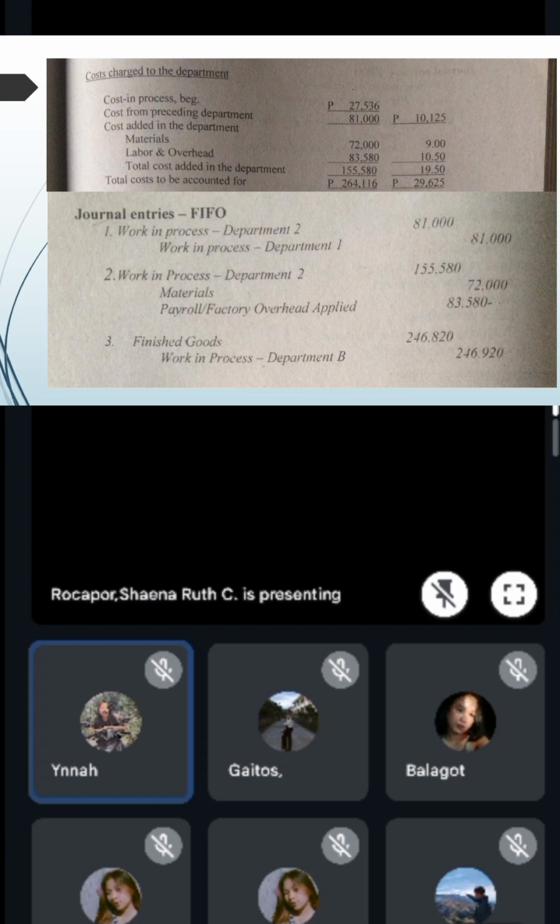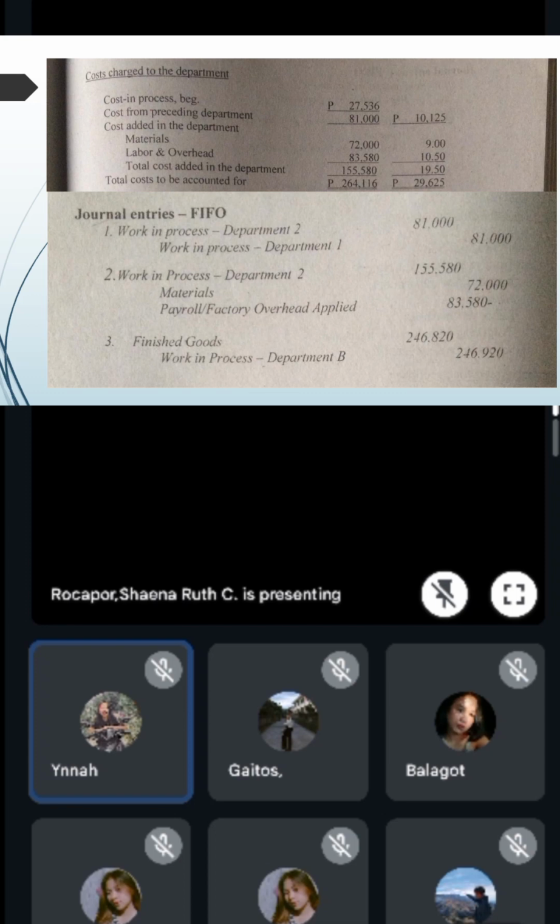So sa journal entry naman sa FIFO method, pangalawang journal entry natin is work in process department 2 which is 155,580. Ito yung total cost added in the department. Tapos yung materials naman natin which is 72,000 kredit. Tapos yung payroll factory overhead applied natin which is 83,580.